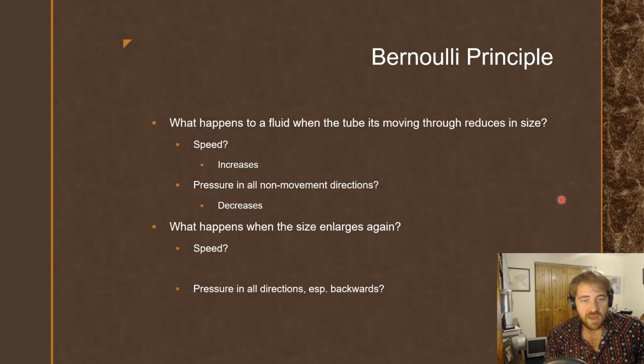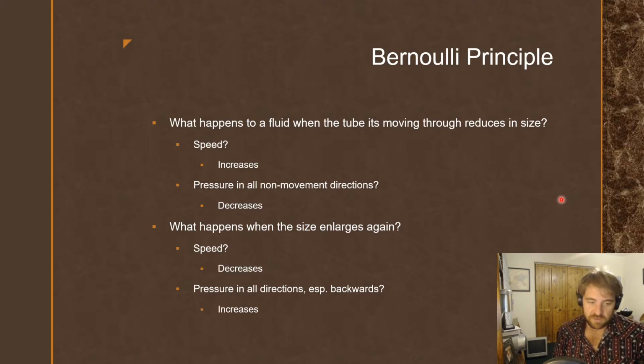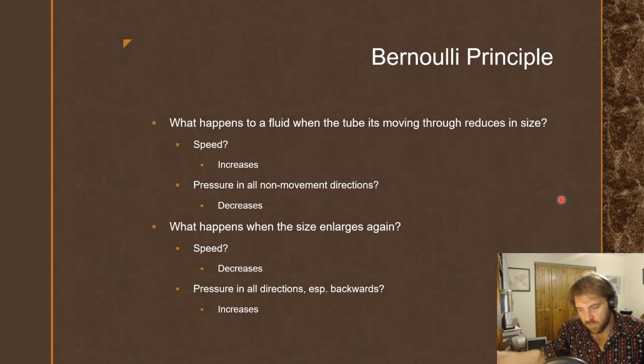So what happens when the size of the tube enlarges again? Well, speed decreases, and the pressure in all directions, especially backwards. I don't mean especially like the backwards pressure increases more than all of the other directions. It all increases back to the same because it's still moving forward. It's just not moving forward as fast.